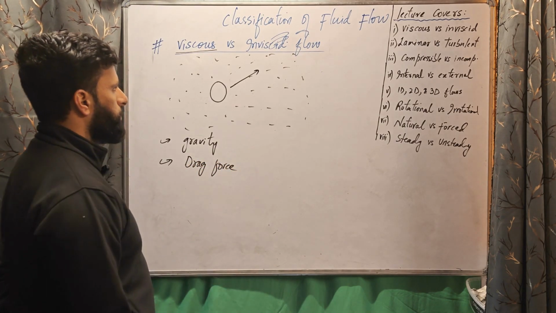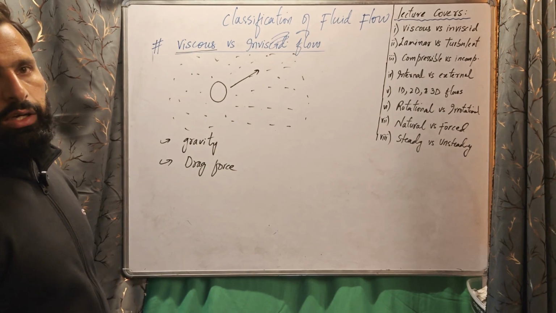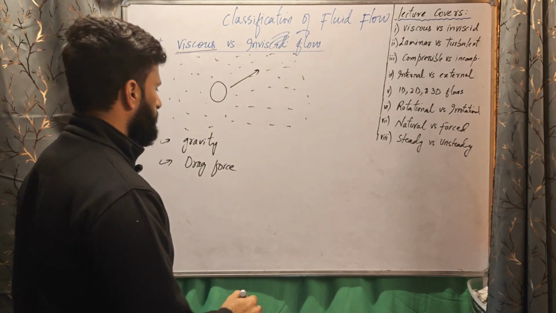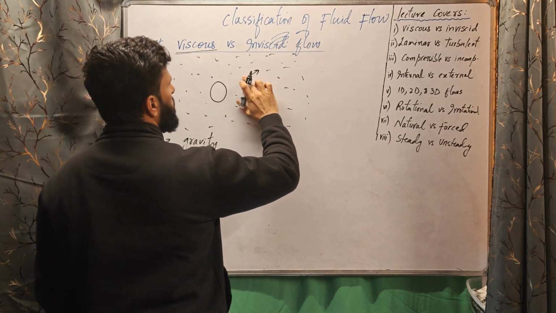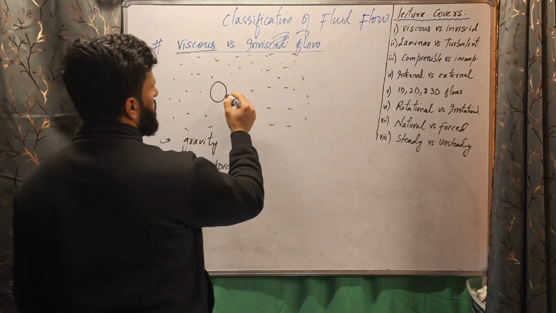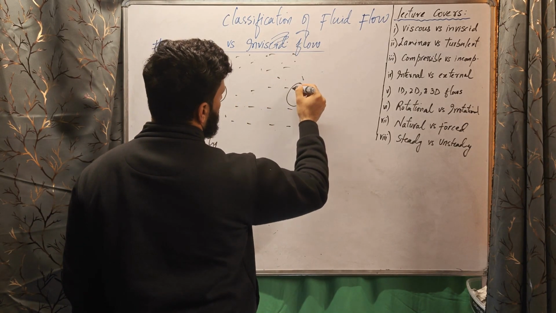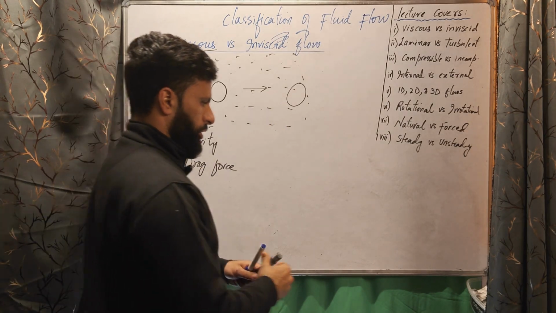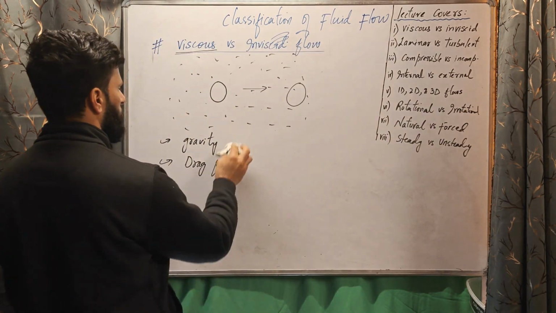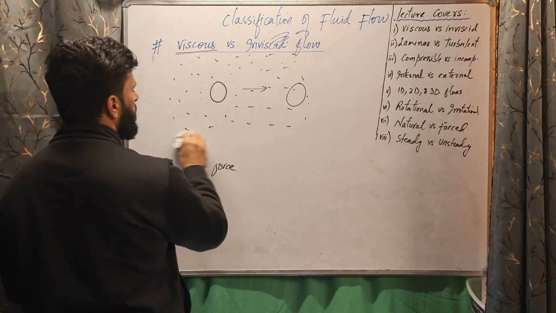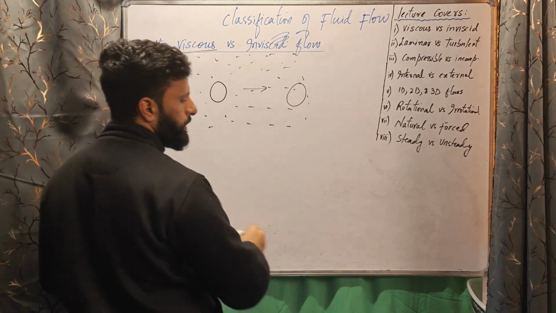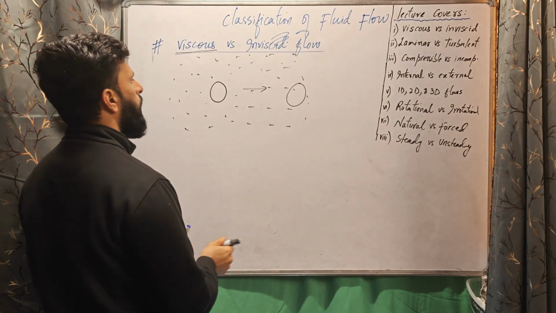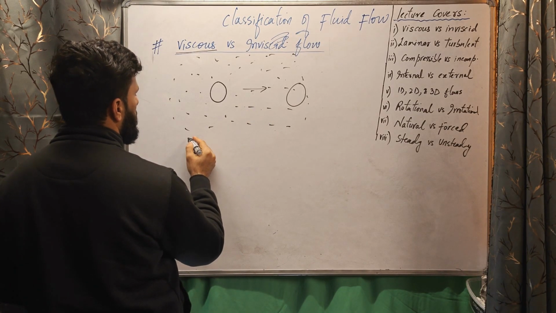To make this explanation simple, we will remove this gravitational effect. Suppose this ball is moving from this place to this place horizontally, so there's no elevation change, so we'll remove the effect of gravity. So what we have here is this flow field is dominated by drag force.